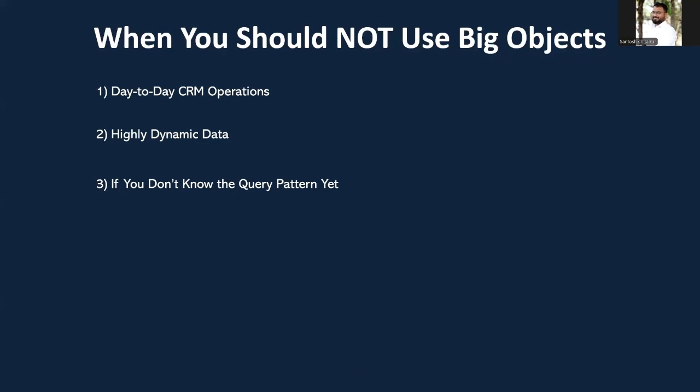If you can't clearly answer what fields will be used to retrieve data most of the time, then you are not ready to use big object design. If you need rich relationships and rollups, big object is not the ideal solution.